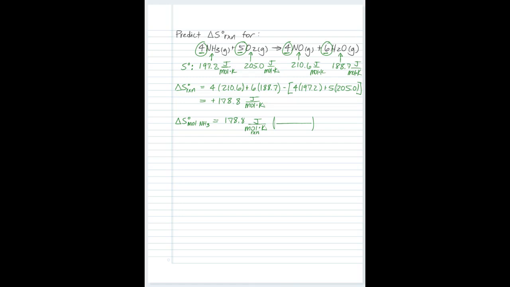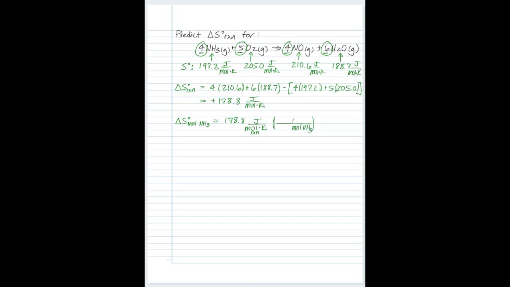So remember, moles of reaction means the molar interpretation of the reaction as written. So as I said before, what that means is for 4 moles of ammonia, for example, okay? What if we wanted to know it per mole of NH3 instead, okay?